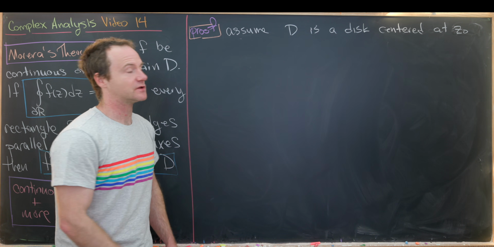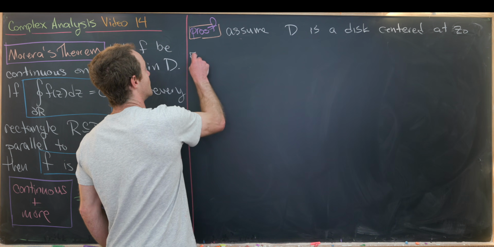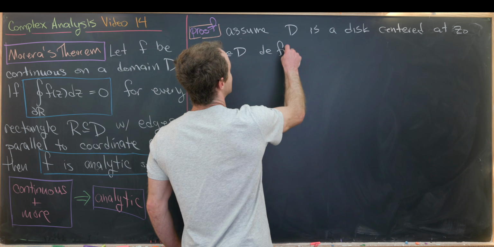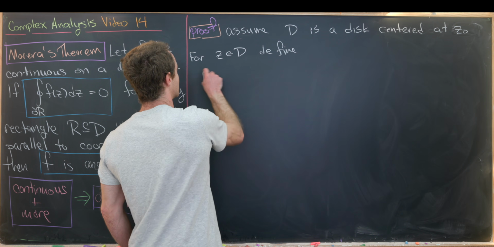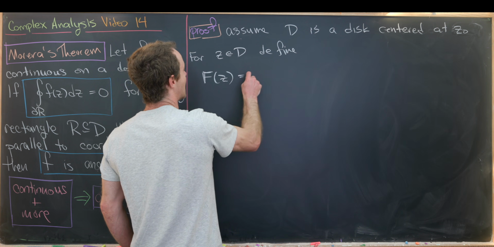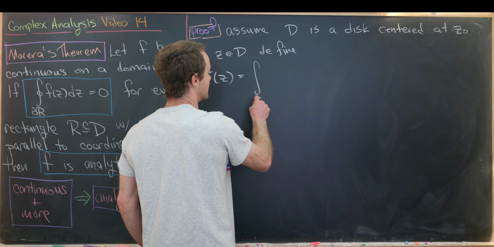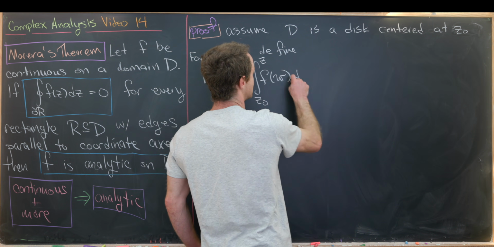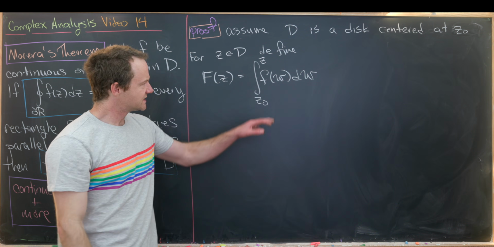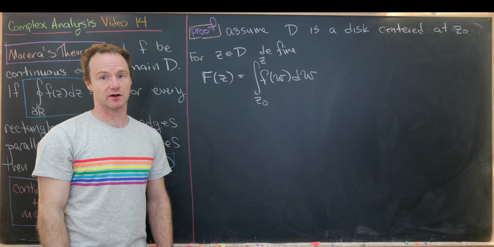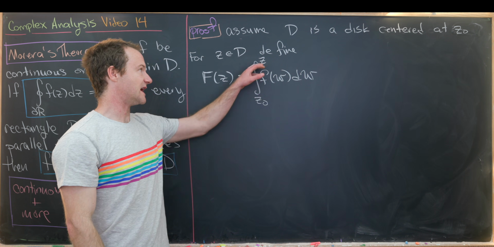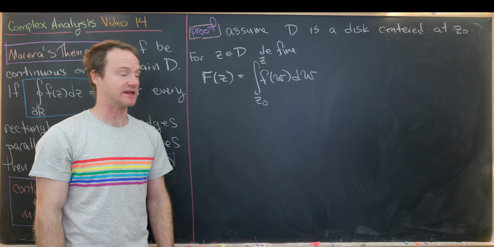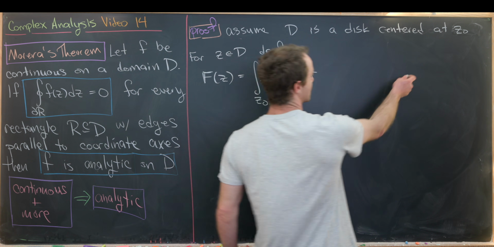Okay, great. So now for all z in D, we'll define a new function, and I'll call that function capital F of z, and that'll be the integral from z naught up to z of f of w dw. Since we don't know if f is analytic or not, this may not be path independent, so we've got to talk about which path we are taking. So let's get a picture over here.